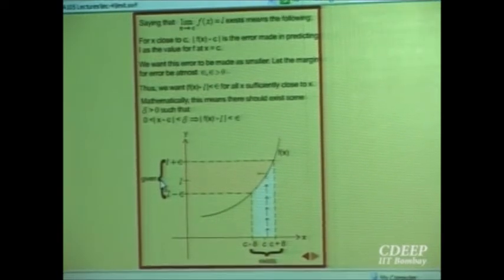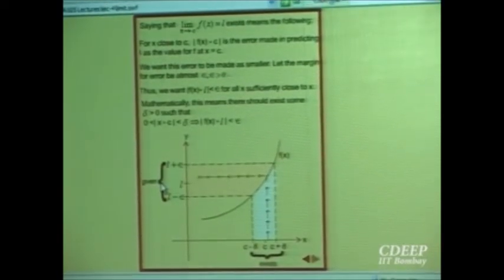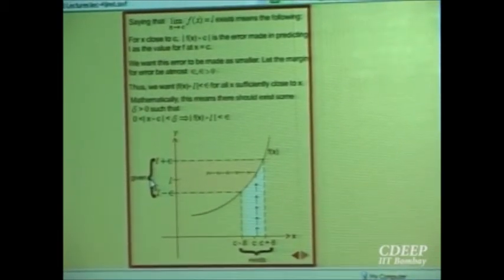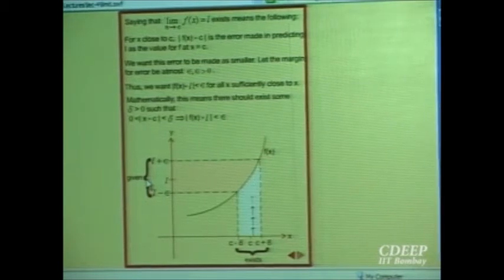Be very careful using symbols also. Given any epsilon, and 90% of the time when we ask in the exam to write the definition, somebody writes there exists an epsilon for all given delta, or for given delta there is an epsilon. All kinds of things are written because you try to remember. The idea is you want the error to be small. How small? As small as I want it. So you will give me epsilon.